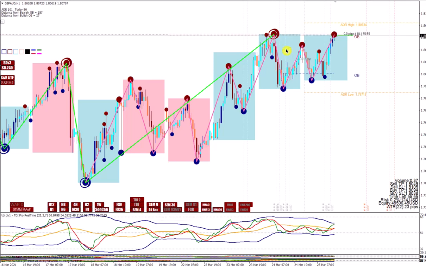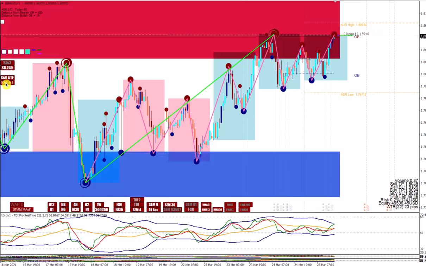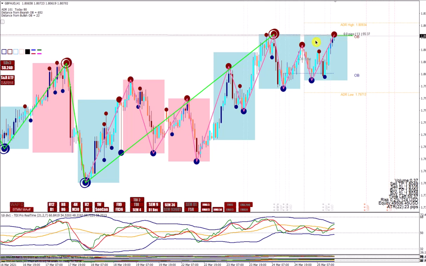Right. And that helps me, like I say, with confluence, with supply and demand, support and resistance. Okay. I can see the semaphores up here. So there's something I should be aware of here. And to start trading here, in terms of buy or sell, I'll hang on a bit.